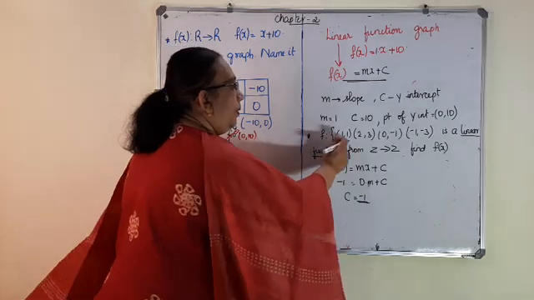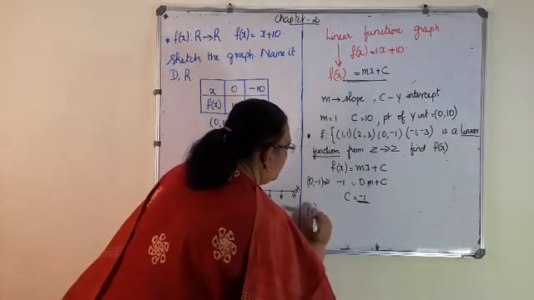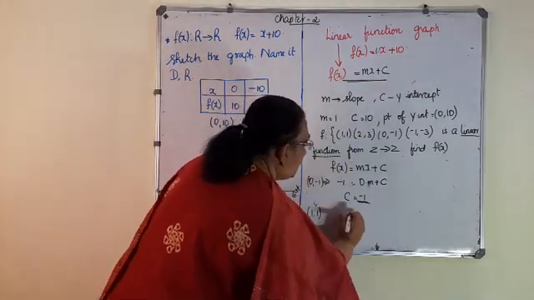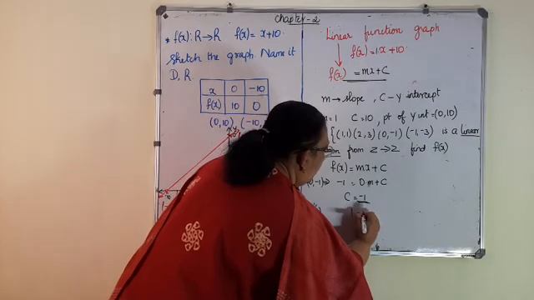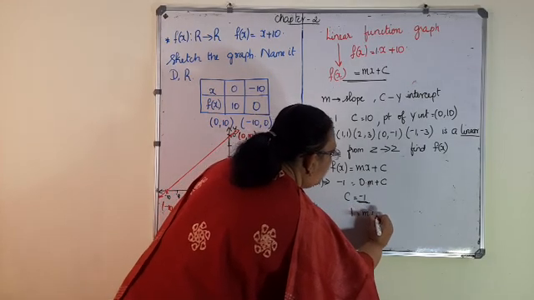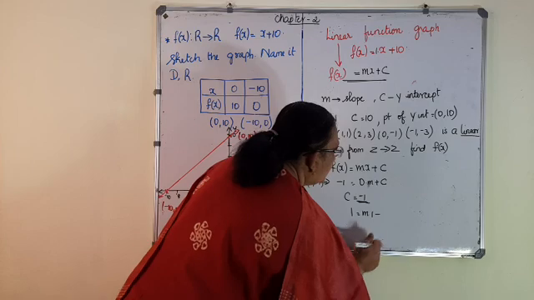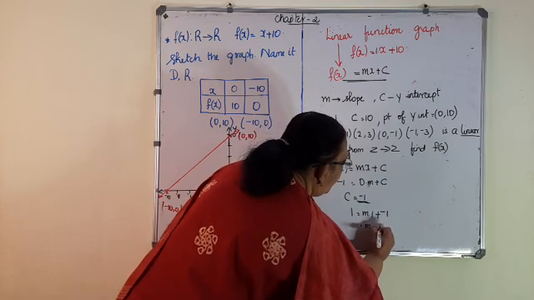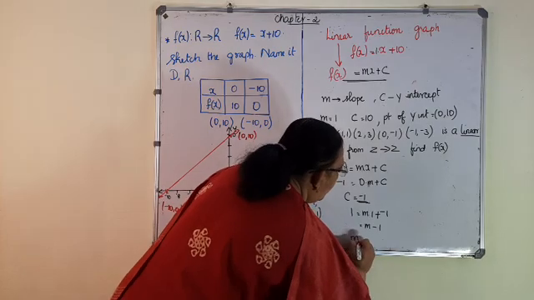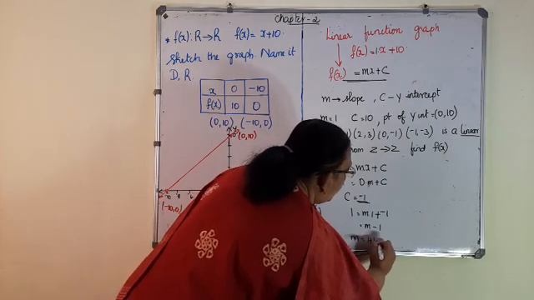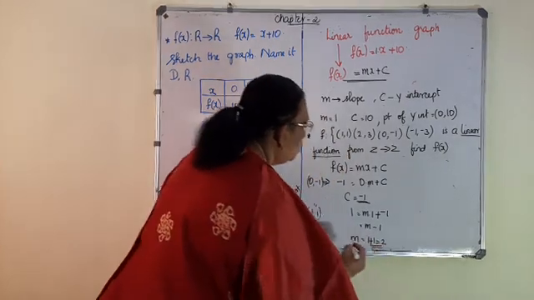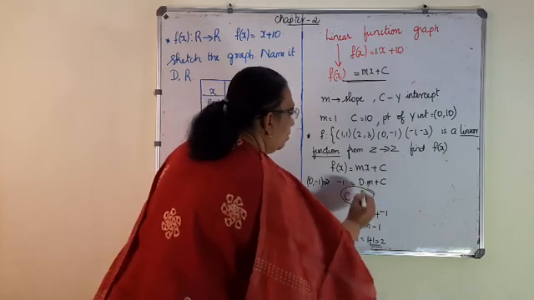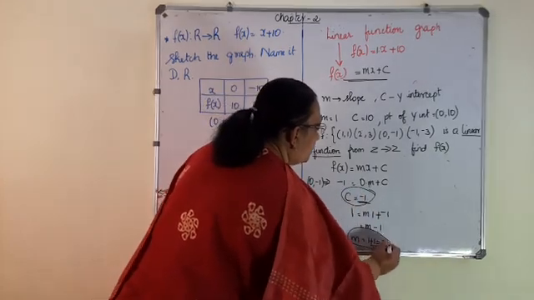It passes through the point 1, 1. So f of x is equal to 1, m into 1 plus c. Plus c means plus minus 1, that is m minus 1. So m is equal to 1 plus 1, which is 2. So you got the constant c and the slope m.